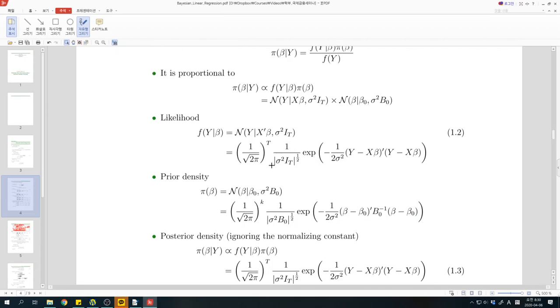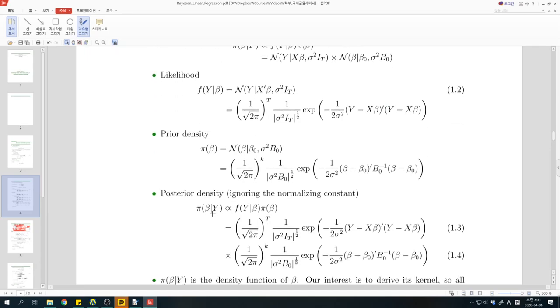Same for here. This is the normal density of y, right? Within the exponent there is y prime y, or we say the y square term, and y prime times x times beta. This is just a y term, right?